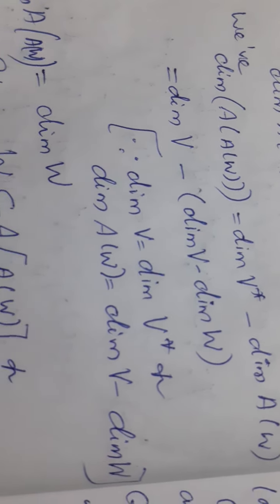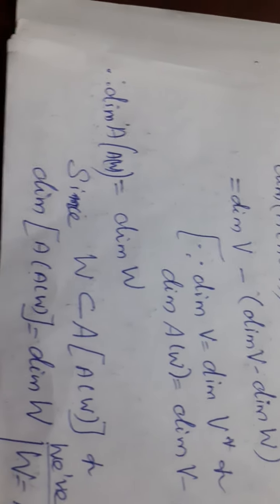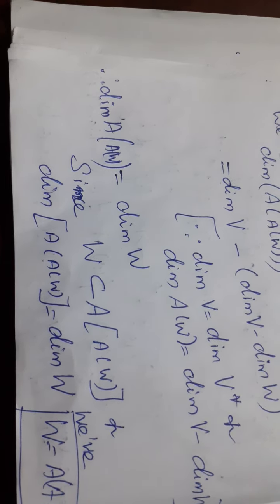So finally we are having the dimension of W. So the dimension of A of A of W is equal to the dimension of W.